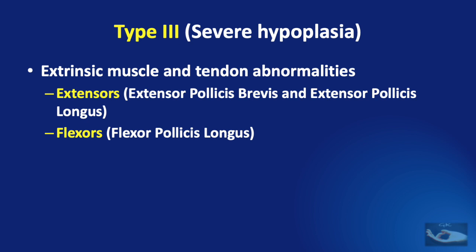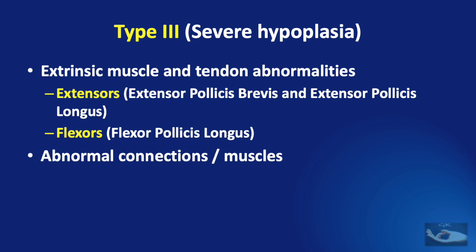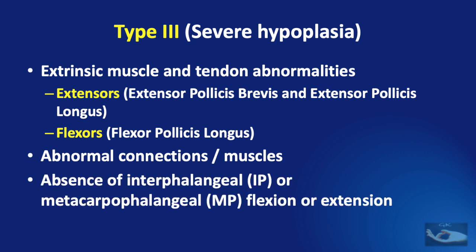They could involve the extensors, that is the extensor pollicis brevis and extensor pollicis longus, or the flexors, which consists of the flexor pollicis longus. There could be abnormal connections or even abnormal muscles that are present. This could lead to absence of interphalangeal or metacarpophalangeal joint flexion or extension, or even sometimes deviation and abnormal movements.